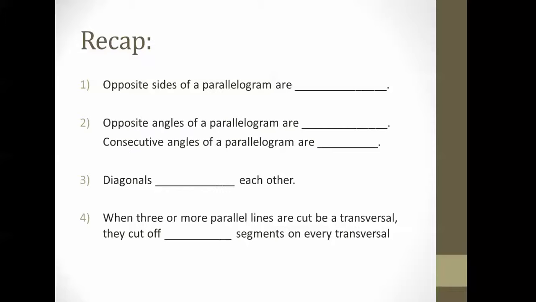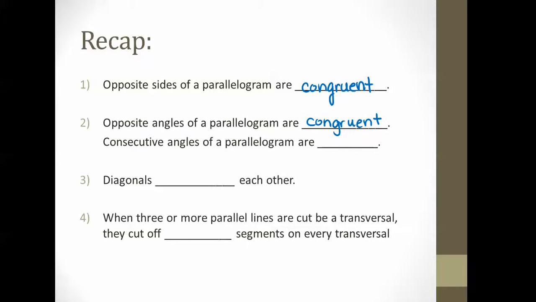Alright, so let's go over what we've talked about in terms of the different properties of parallelograms. First, opposite sides of a parallelogram are, think about it, correct, congruent. Number 2, opposite angles of a parallelogram are congruent.